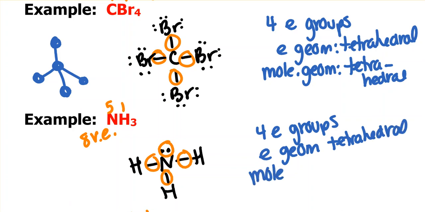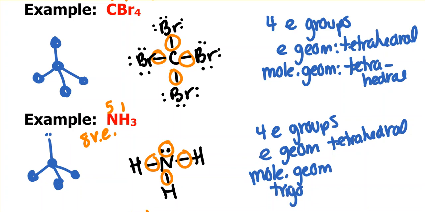For my molecular geometry, I need to think about what those lone pairs are doing. And basically I've got my central atom. Here's my tetrahedron shape. I've got a lone pair. And so I can see it's that short tetrahedron, which we call trigonal pyramidal.